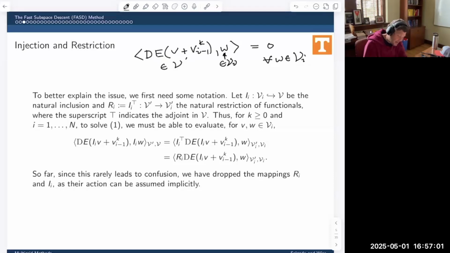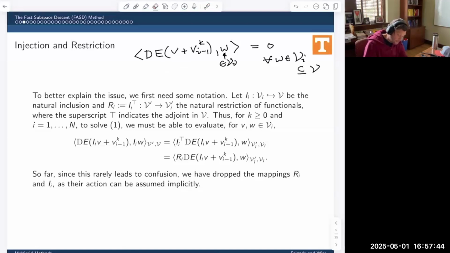It lives in VI. How can something from V prime act on something from VI? It seems like it's incompatible, right? This is a linear functional which should only act on things in V. Well, the reason why it works is because VI is a subspace of V. So it's actually quite natural. It just works, because W is in VI, which is a vector subspace of V. It could even be all of V. This really still is acting on something from V, period, full stop.